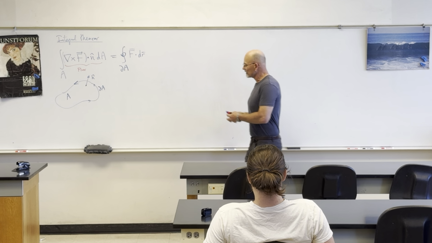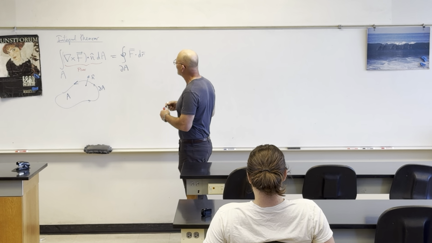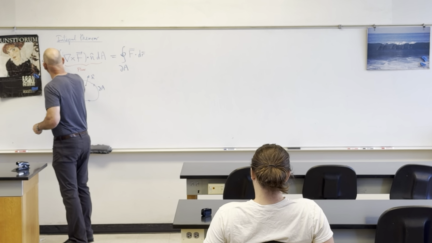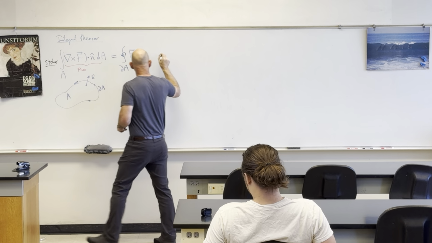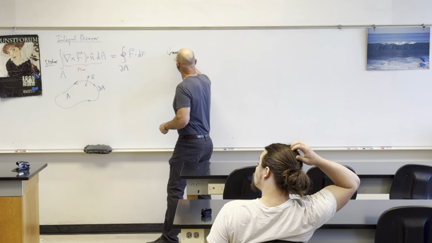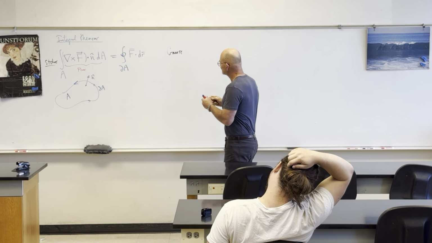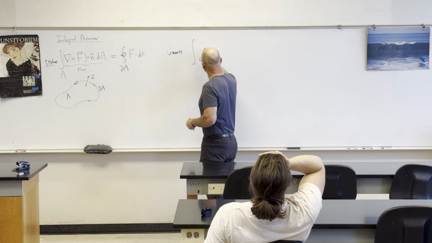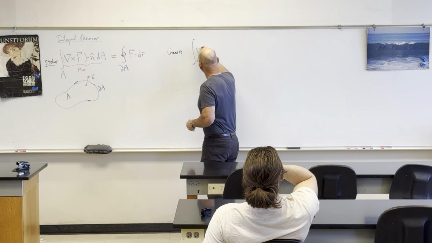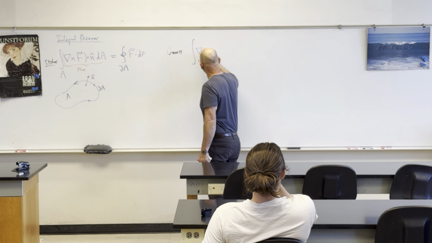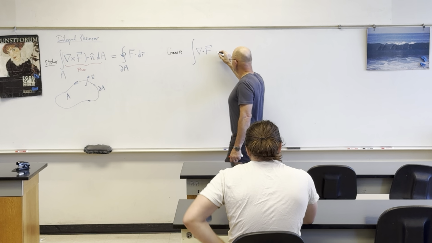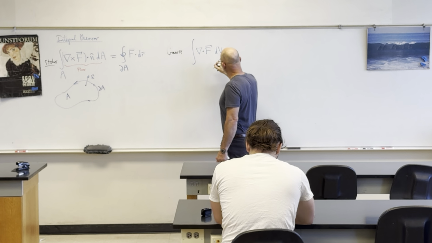So Gauss's integral theorem, so this is Stokes. This other one, the divergence theorem, Gauss. Again, if you start with your derivative, so you've got the divergence of a vector field, and it's integrated over a volume.